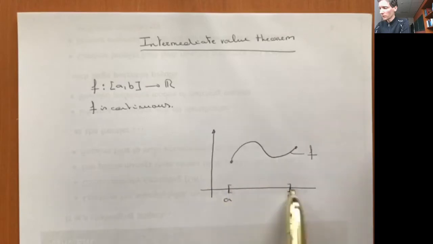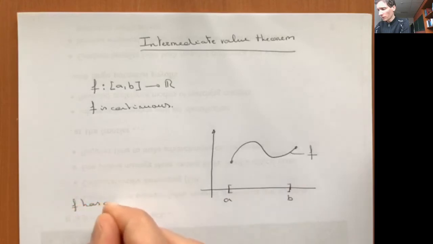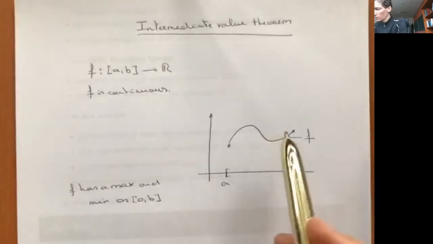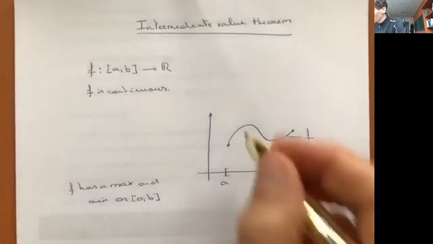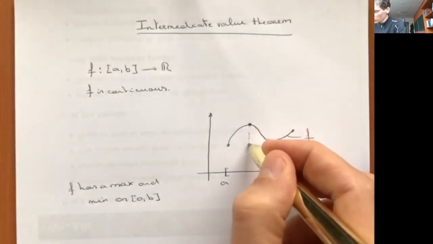The domain is compact, right? It's a closed and bounded subset of R, so we know that f has a max and minimum on its domain [a, b]. If you look at this picture here, then the maximum of f will be reached somewhere at this point.